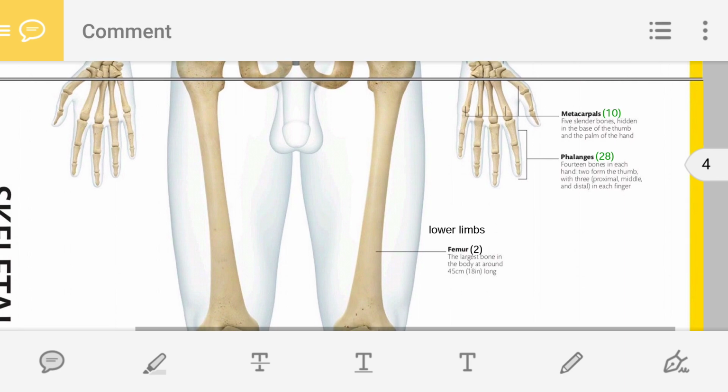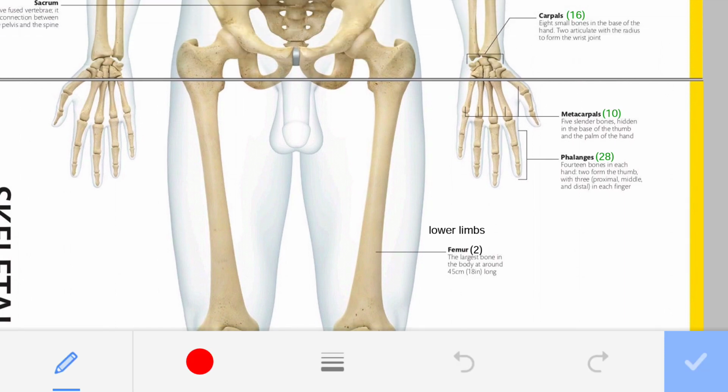Then the fingers of our hand. The finger bones are known as phalanges, and the number of bones.